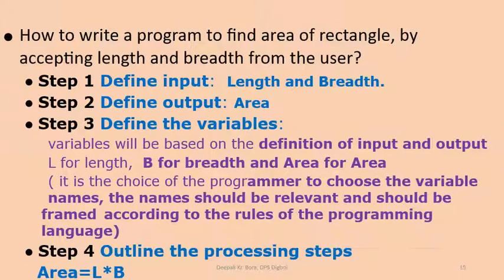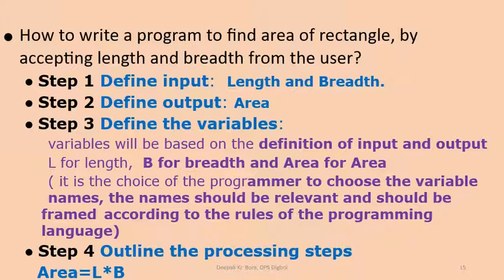Okay class, let us discuss in detail how to write a program to find the area of a rectangle by accepting length and breadth from the user. Here I am writing the steps that we usually follow. First, step 1, we have to define input. Here it is the length and breadth.